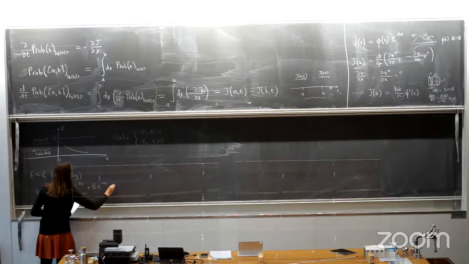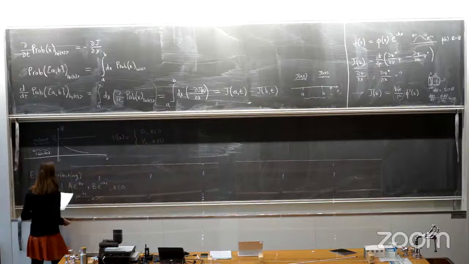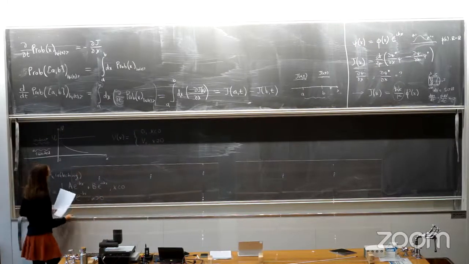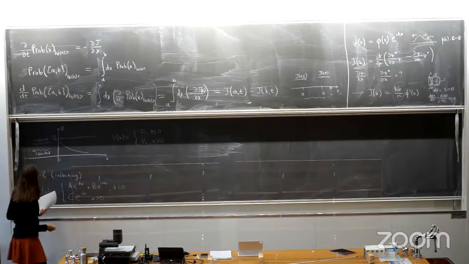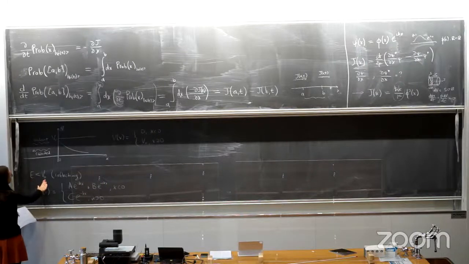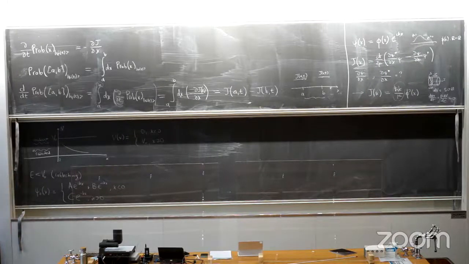So this is x less than 0, and this is x bigger than 0. Okay, and then the second option is when the energy of the particle is bigger than V0, so it's above the potential step.